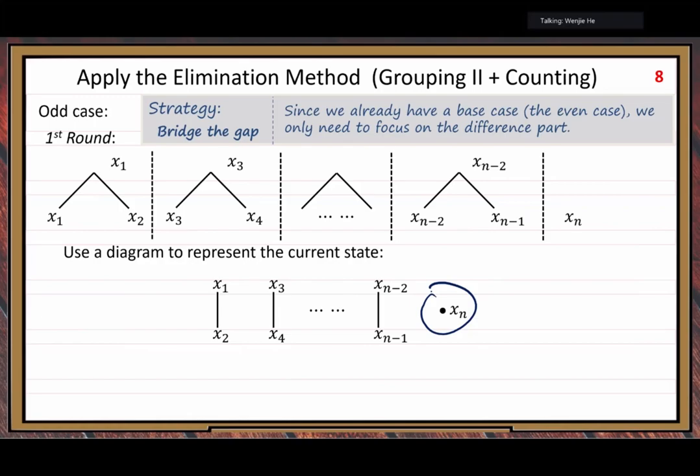There is a gap between the even case and the odd case, and this singleton is the gap part. So mainly we work on the difference part. If you can find a nice way to take care of this difference part, then you complete the solution. That's simple.